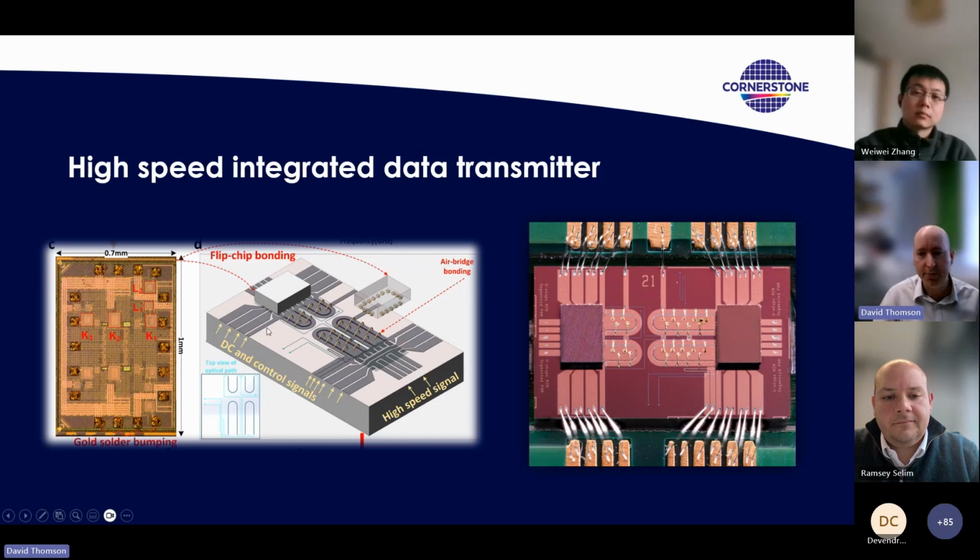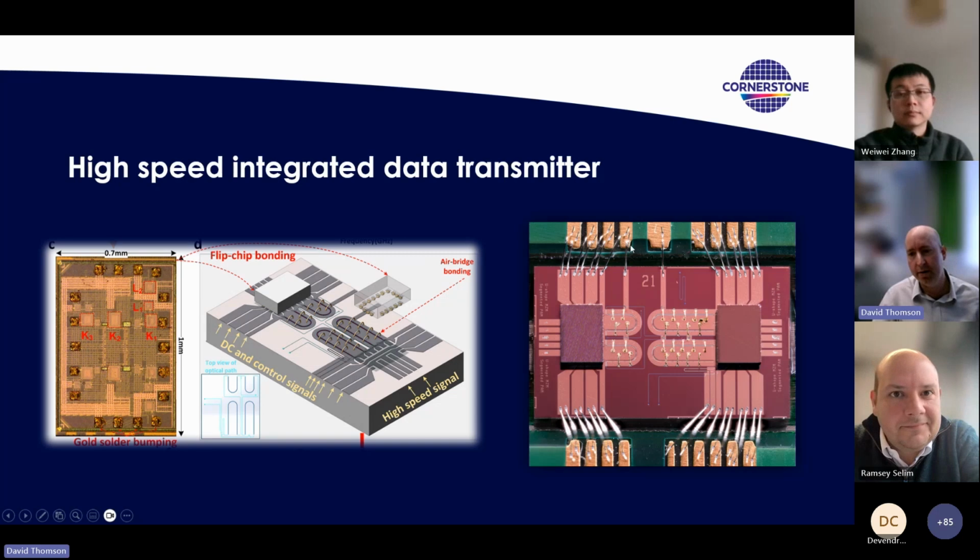As I said, we design the CMOS chips and we flip chip bond them onto our silicon photonic circuits that we fabricate in Cornerstone. The CMOS chips are fabricated at TSMC, but we do all the design of those in-house here. You can see the schematic of the integration process on the left here, and on the right-hand side is a final microscope image showing 2 driver chips integrated on a 2-segment Mach-Zehnder modulator.